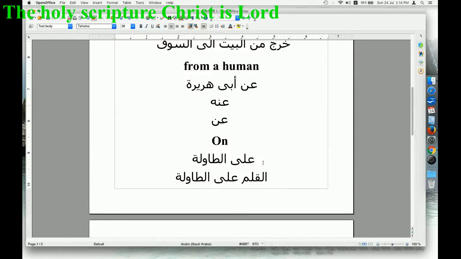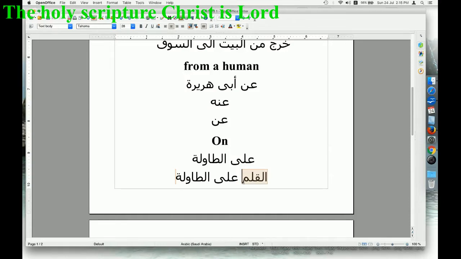Regardless of those two words, al-qalam and the table, both of them are objects, but it doesn't matter what they are. Always remember what is first is on, and what is after is the one underneath. I can also change this word, which is for an object, since the qalam is not a person, to a person or even an animal.